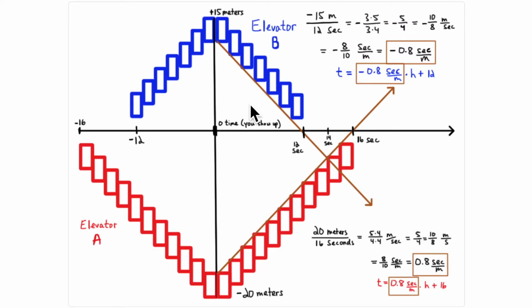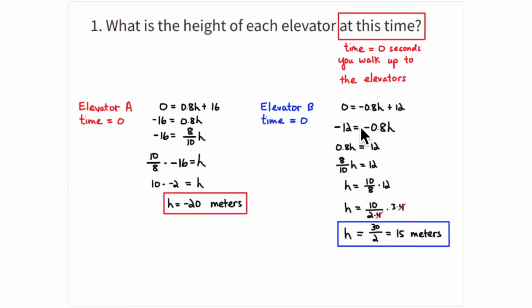But in the drawing, at some point in time, at least 12 seconds before you show up, this elevator is at ground level. Then it took 12 seconds to get 15 meters high, which is 3 stories, go up 3 stories, and now it's going to take that same 12 seconds to travel down to you at ground level. So from 15 meters down to ground level, it's going to take that 12 seconds.